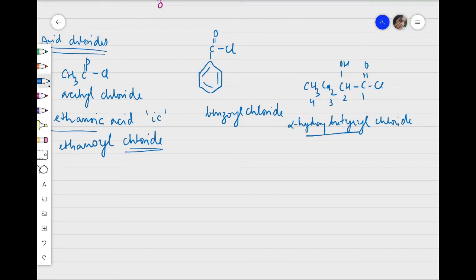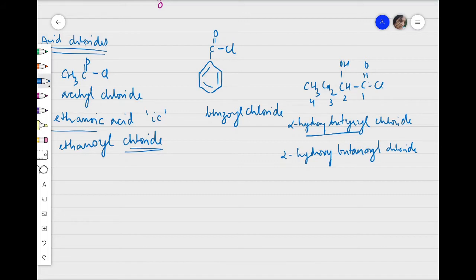Now if I was going for the IUPAC name, it is butanoic acid, so it will be butanoyl, so NOIC will become YL. Butanoyl chloride, and this will be in the second position, so 2-hydroxy butanoyl chloride. So this is how the naming will be for our acid chlorides.